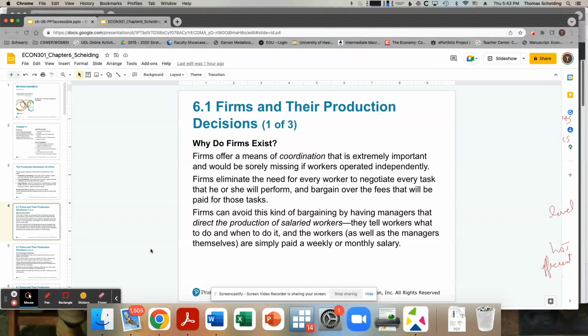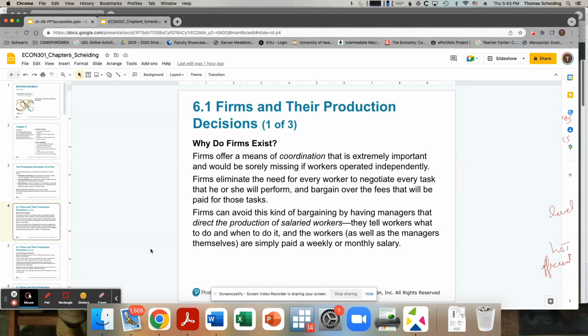So this question of why firms exist is such an old question. Well, it at least dates back to the 1920s. And it goes back to the beginning of what's considered the field of thought considered industrial organization.